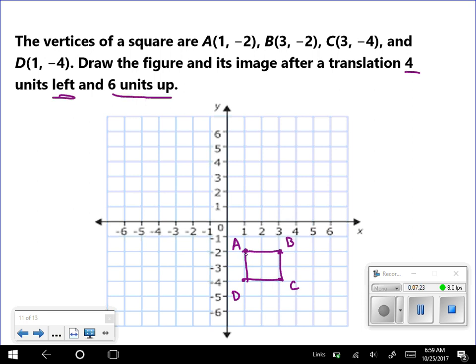So I'm going to start with A, and I'm going to go 4 units to the left. 1, 2, 3, 4. And then 6 units up. 1, 2, 3, 4, 5, 6. This is going to be my A prime. Okay, and I do the same for the other points, counting 4 left and 6 up each time.